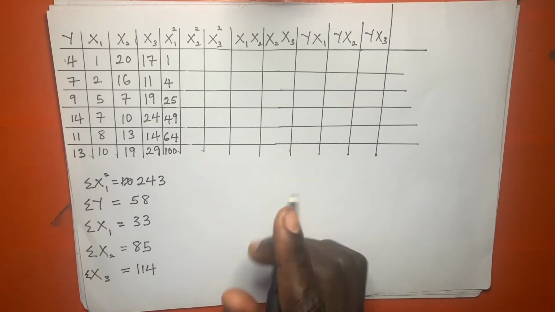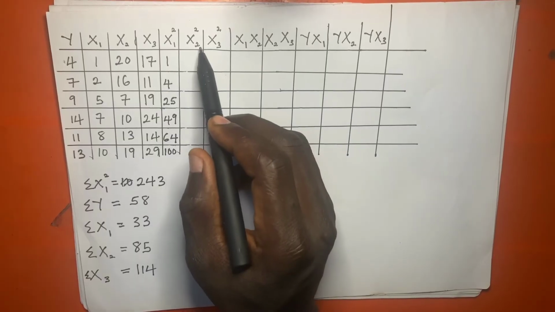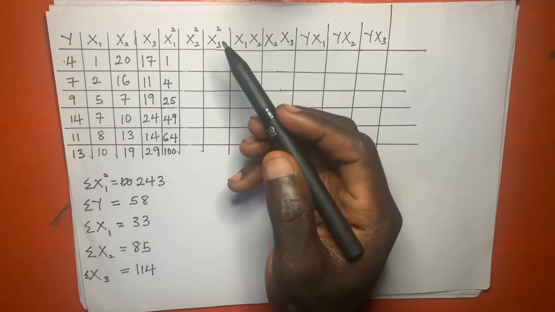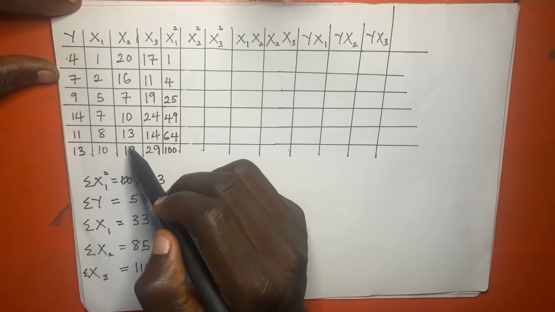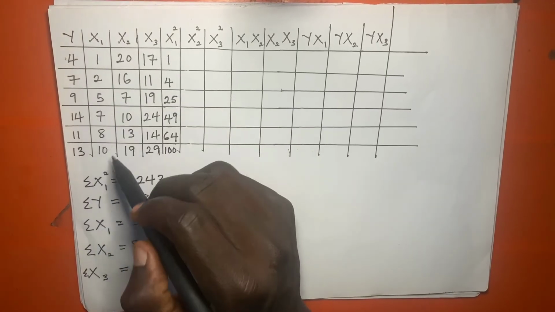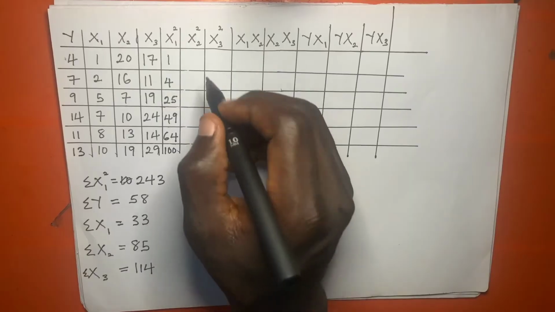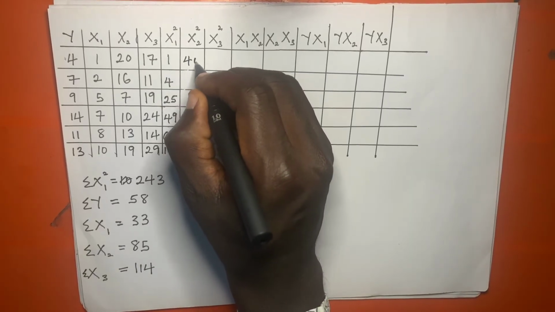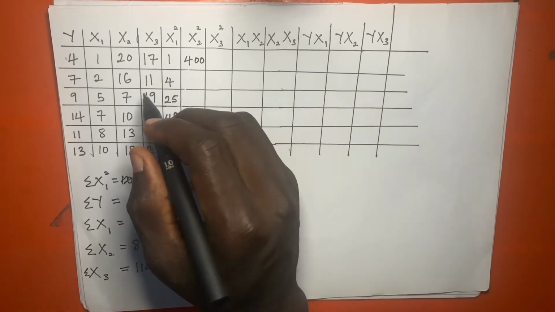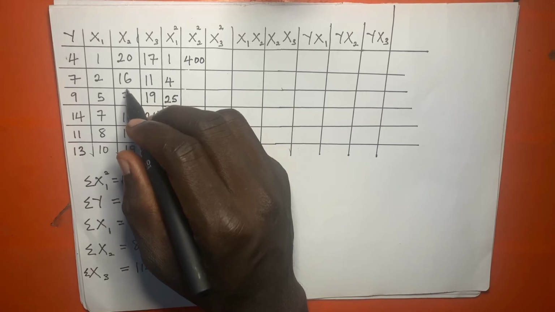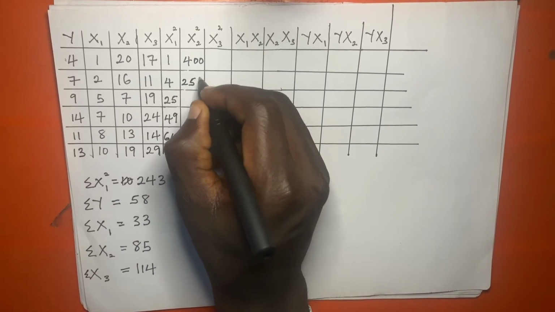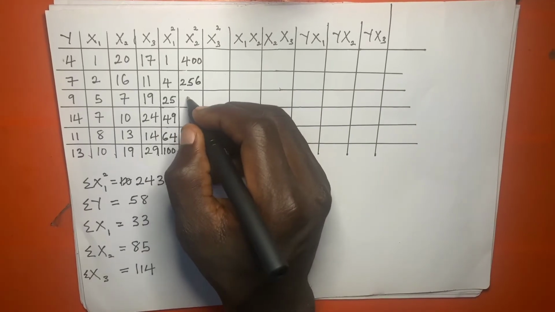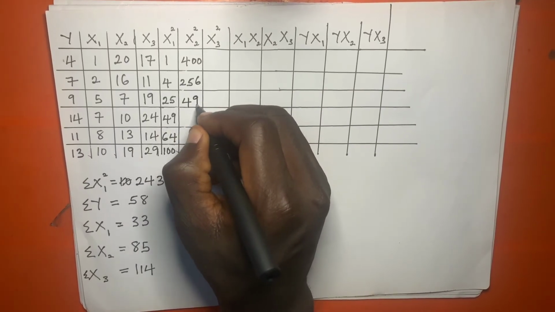Now we need x2 square. X2 square, we are going to get from this column here. That is the square of each value here. Square of 20 will give us 400. Square of 16 will give us 256. Square of 7, 49.